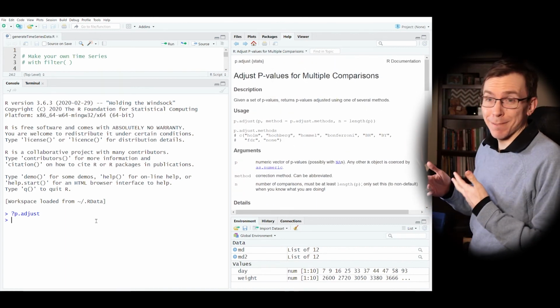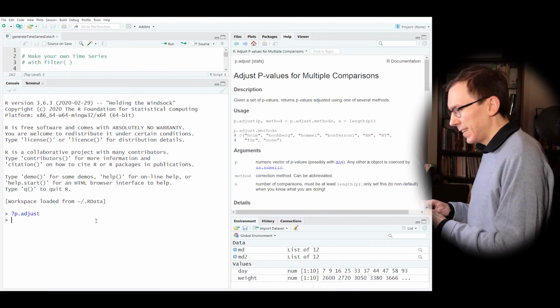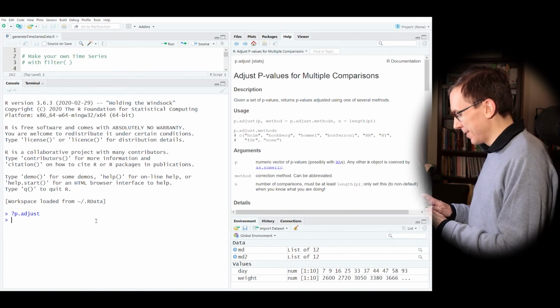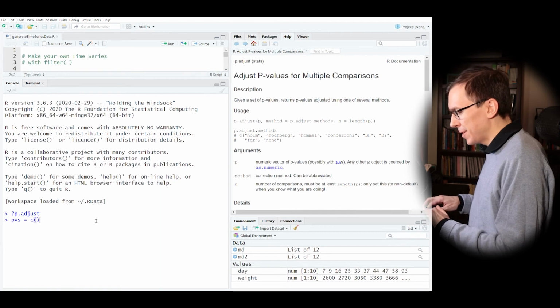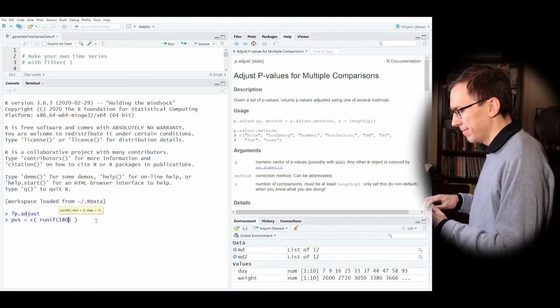To do that, we need some p-values. So what I'm going to do is generate, let's get a lot. I'm going to say pvs, and we need two different types of p-values. First, our null p-values, which are going to be runif, and we're going to have, let's say, 160 of them.